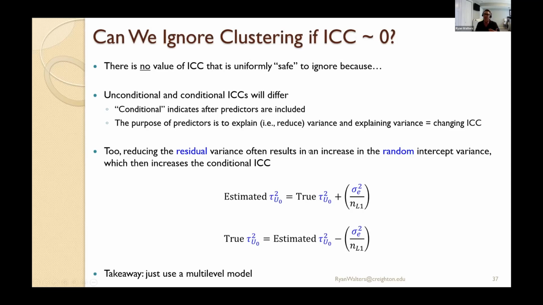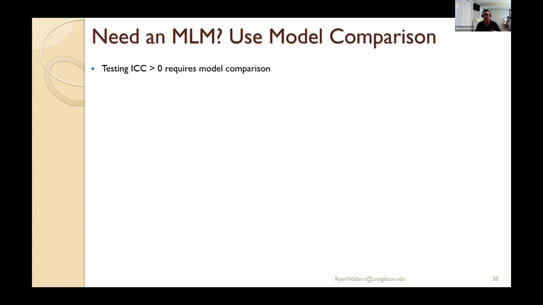If you only explain level 1 residual variance, you're going to see an increase in random intercept variance, which means you're going to get a negative R-squared value. We're going to see this in one of the examples coming up. That is normal, because of this equation. In any case, the big picture of this slide: there is no non-ignorable ICC. Just use a multi-level model until the software blows up in your face. And it will, and we'll see that it has in our example going forward.